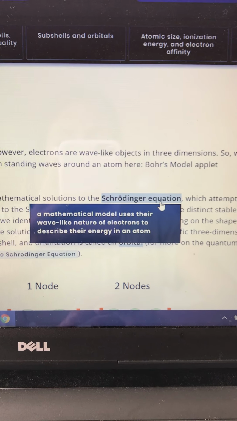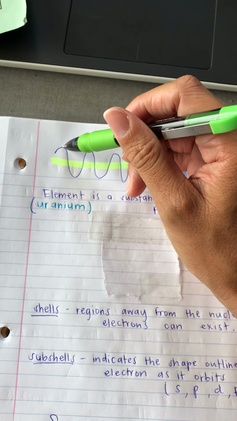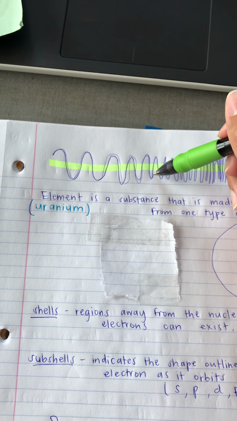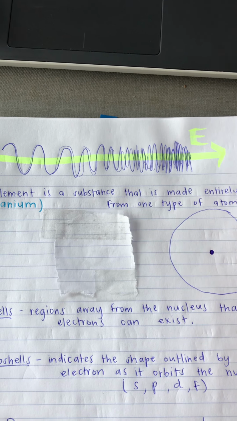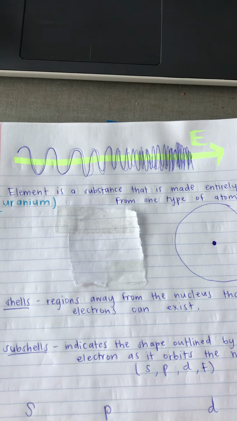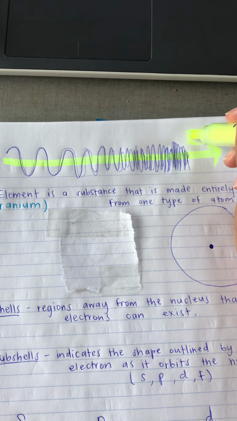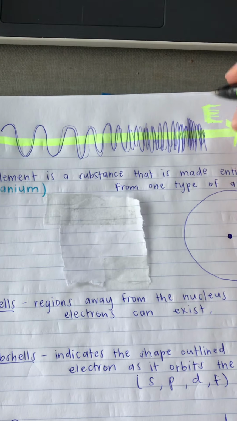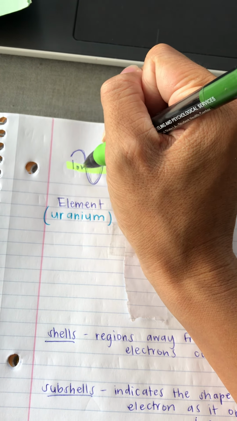So wave-like nature, very similar to wavelength. If we're looking at an electron that travels like this, far apart, and then gets closer and closer together, the energy will travel in this direction. This is the yellow indicating energy. So down here is going to be high energy and low energy.